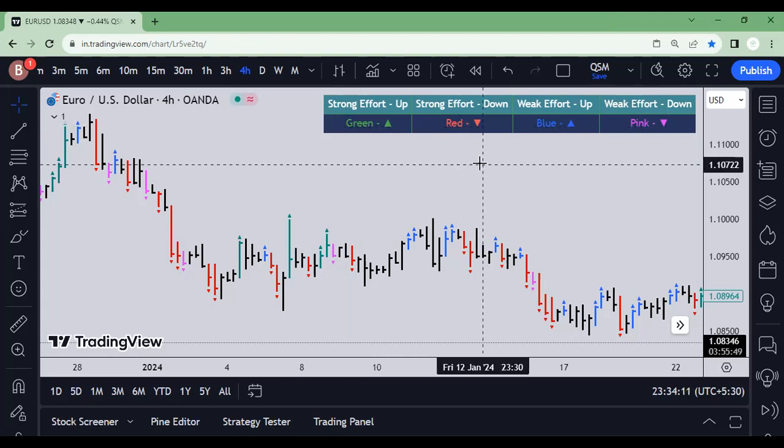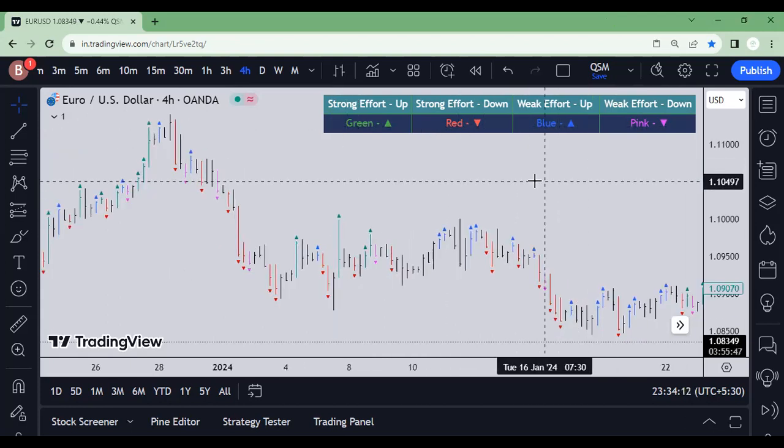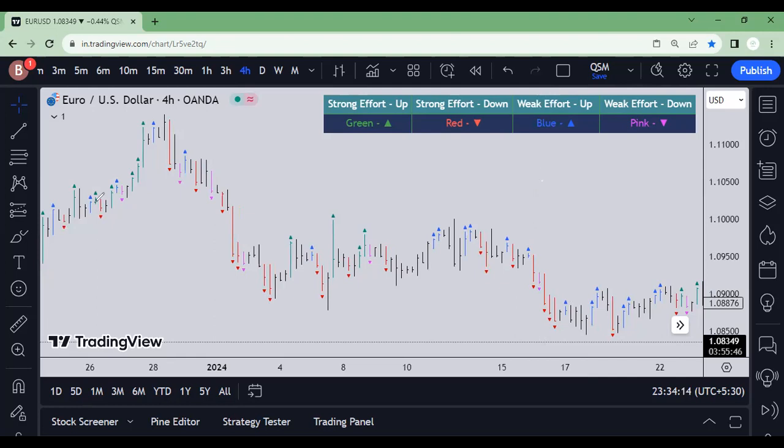Once you are acquainted with it, you will get the idea. For example, here buying was in control. See, here there was strong effort to take the market downwards, but the market went upwards.